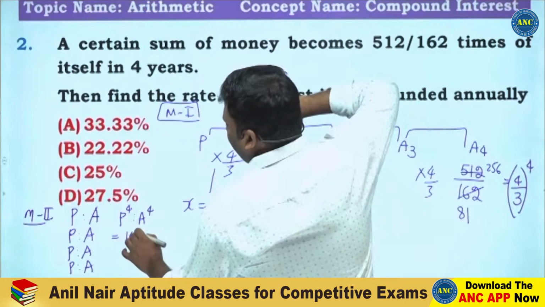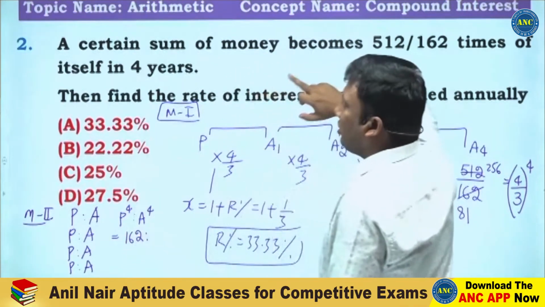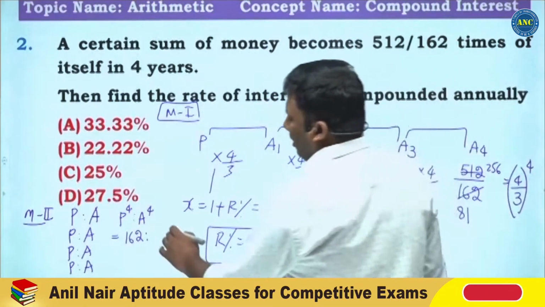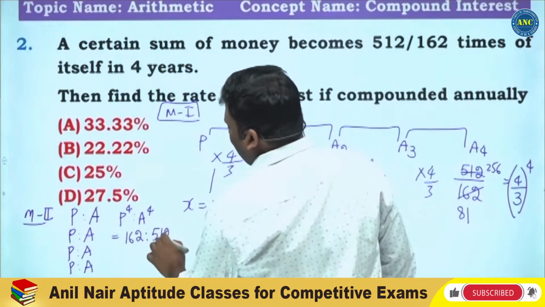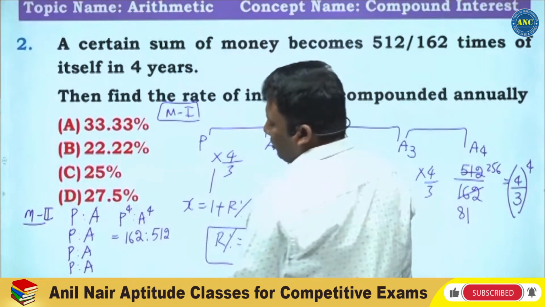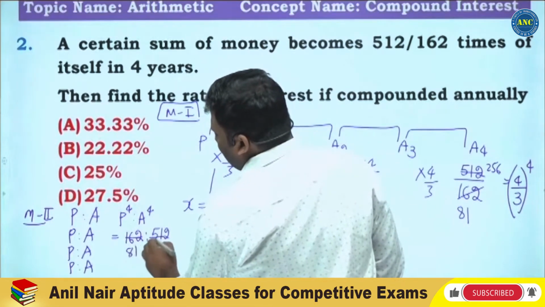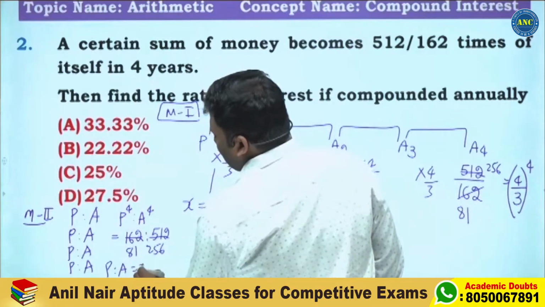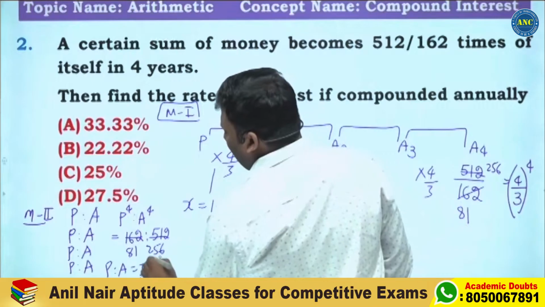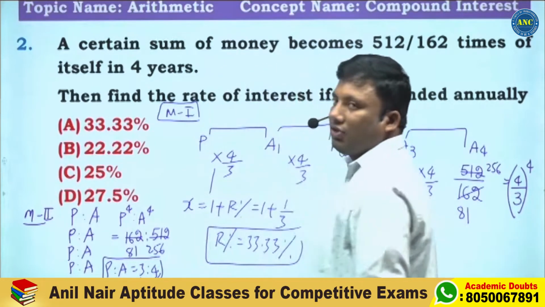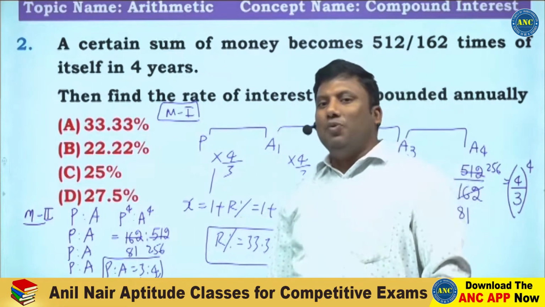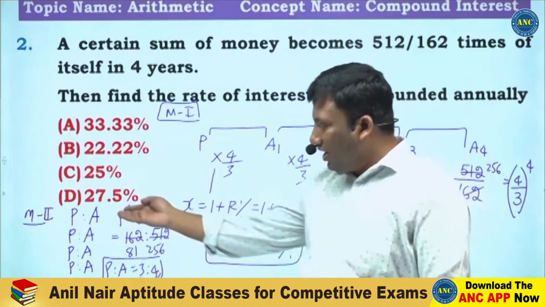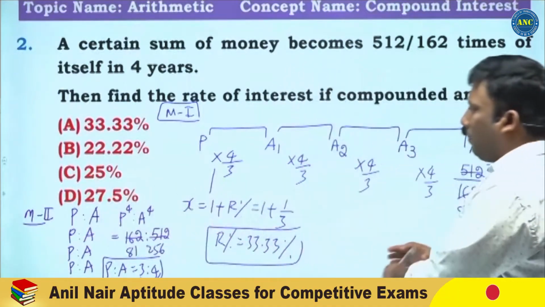If the principal is 162, the final will be 512 by 162 into 162. So P is to A is 3 is to 4. 3 becomes 4, extra 1 on 3. 1 by 3. What is the answer? 33.33 percent.